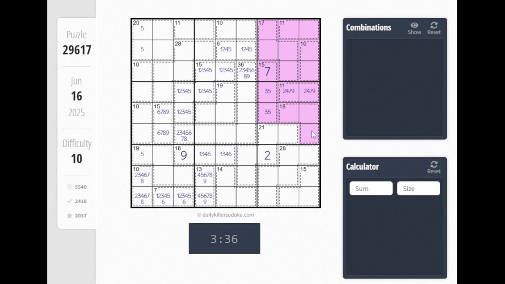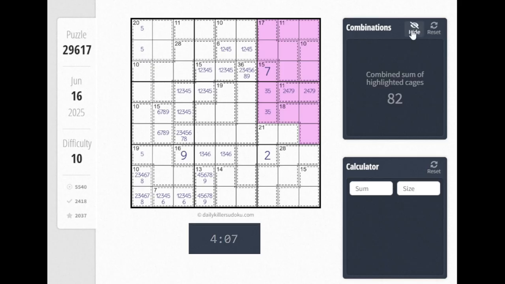So let's look at this one first. 28, 38, 48, 53, 64, 72. No, that's not right. 28, 38, 43, or no, 53, 64.